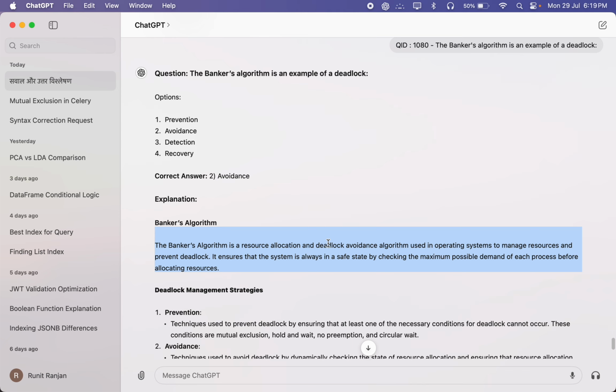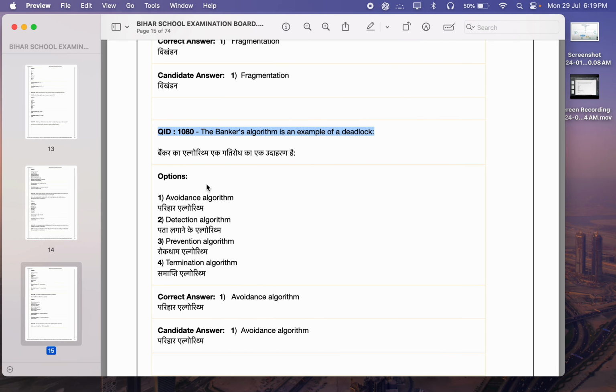Okay, so how does it avoid deadlock? It is actually used to allocate resources, and in that way, it is able to avoid the deadlock. It manages your resources and prevents or avoids deadlock.